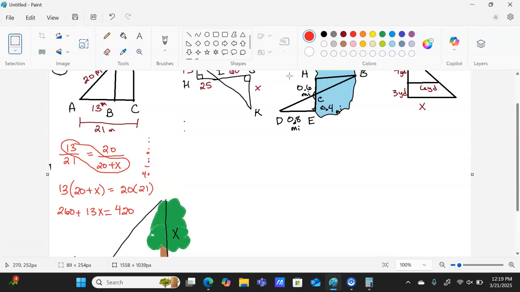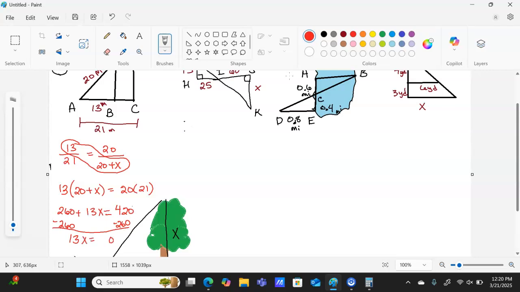And then we will subtract 260 from both sides. We get 13x equals 160. 13 will go in one time. 2 times 13 is 26.